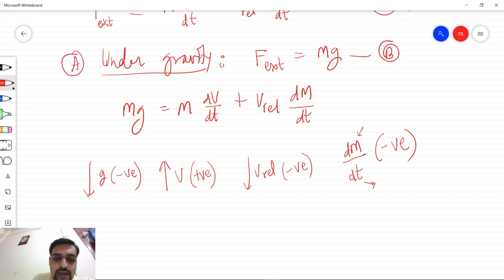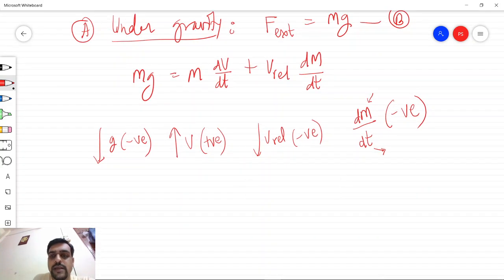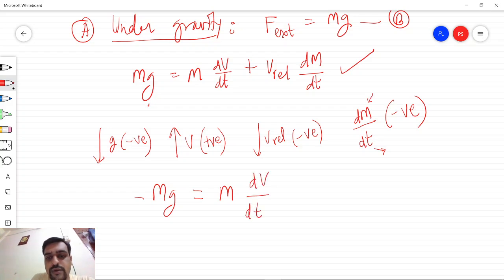So if we apply these four conventions of directions in this equation, for g we get a negative sign, so we write it as minus mg. For v we get a positive sign, so we keep it as it is.